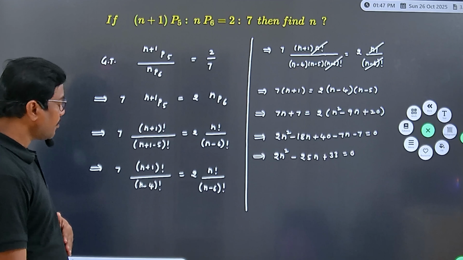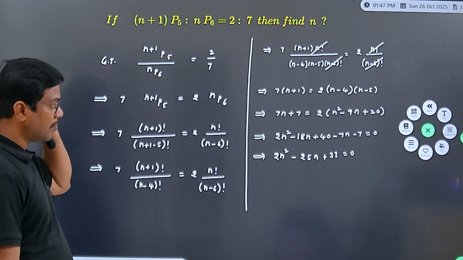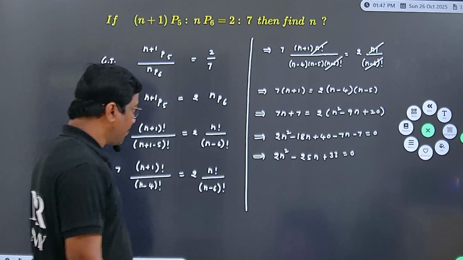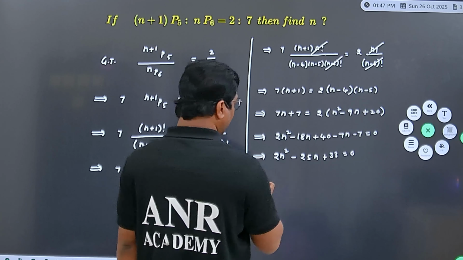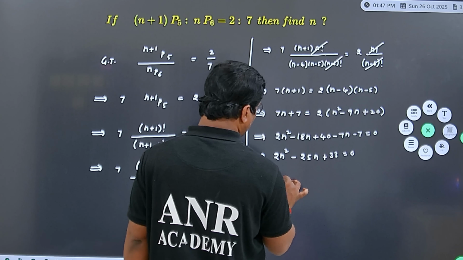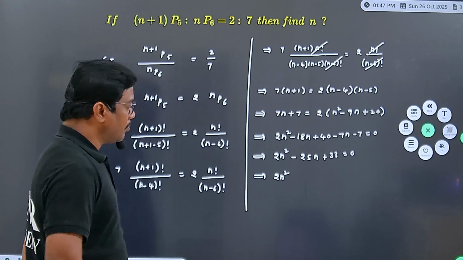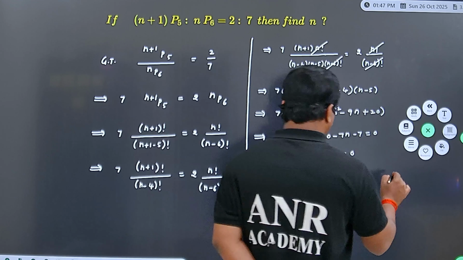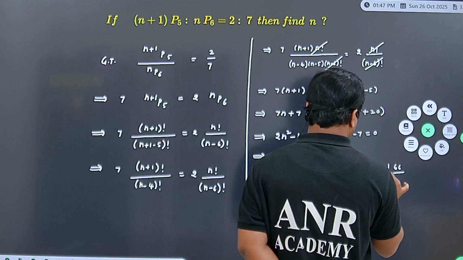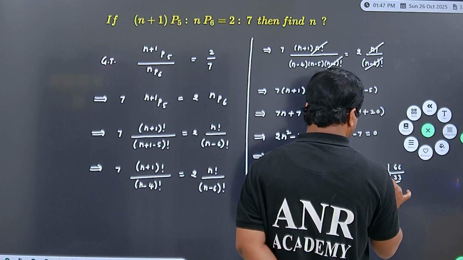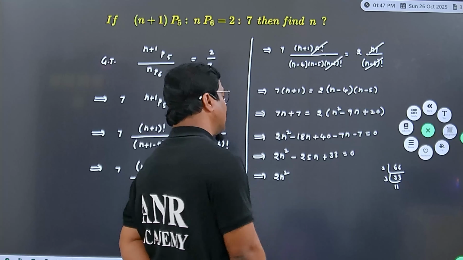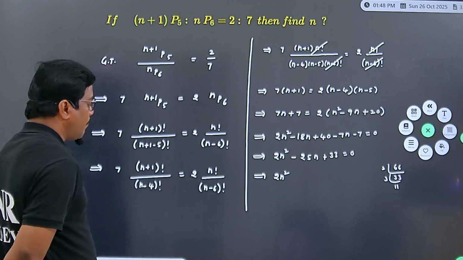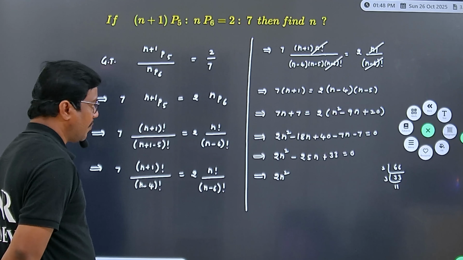Now 33 into 2 is 66, and on factorization, here you have to write 2n square, 33 into 2 is 66, it is 2 into 33, 3 into 11.